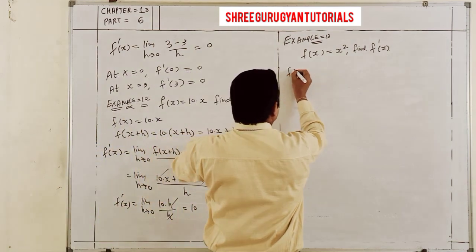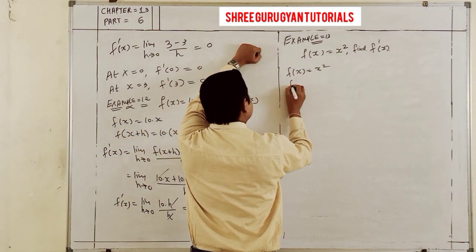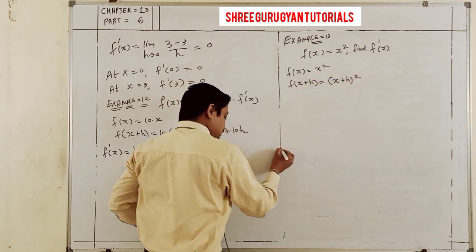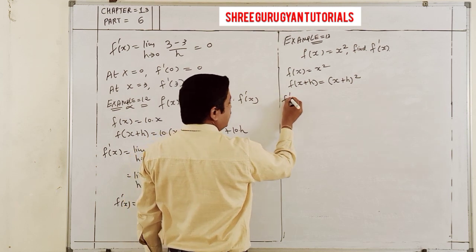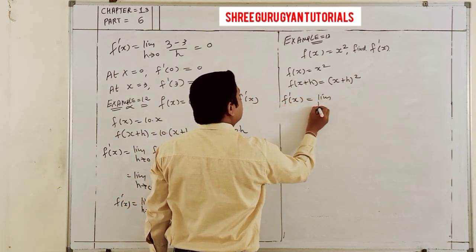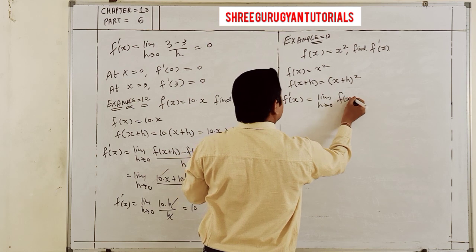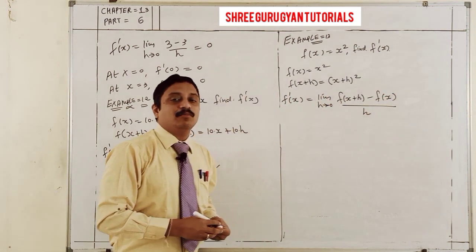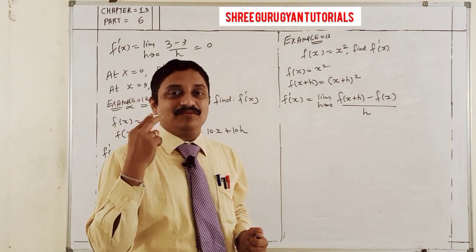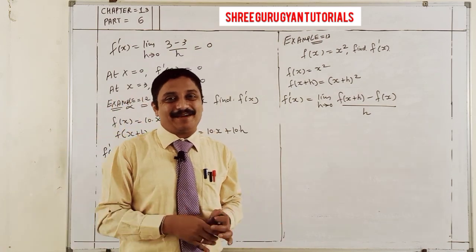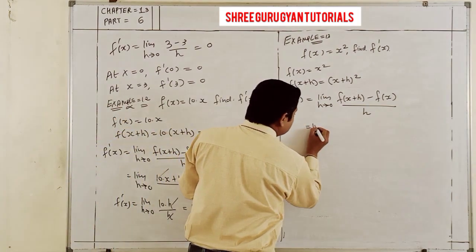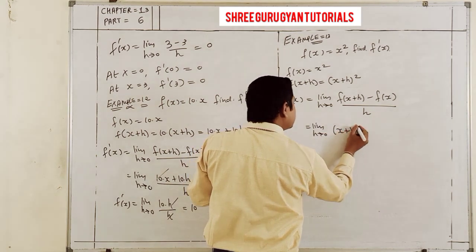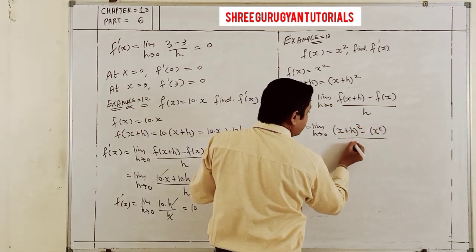But I will now go definition wise, x plus h whole square, and apply the simple definition rule. f dash x is the limit as h tends to 0 of f of x plus h minus f(x) upon h, and apply the functions in place of f(x) and f of x plus h. So the limit as h tends to 0, it is x plus h whole square minus x square by h.